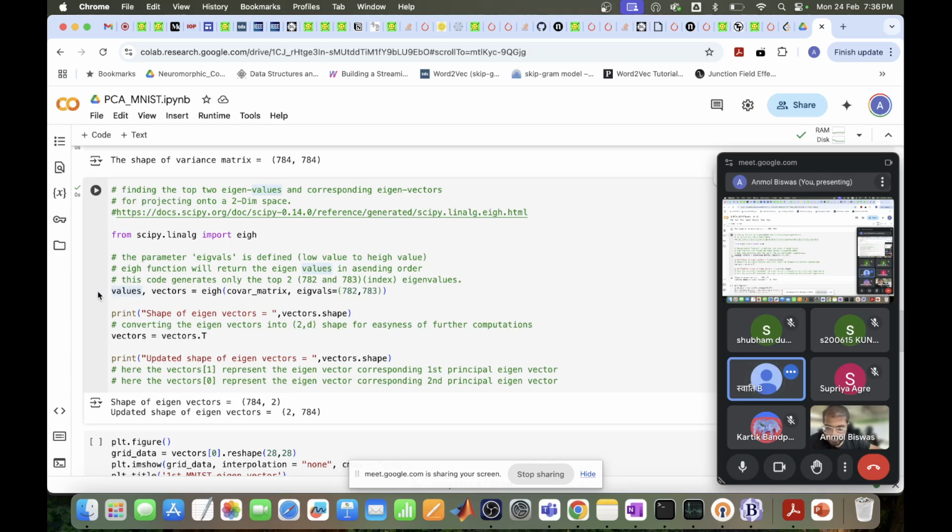So this here, values and vectors. This returns everything if you don't specify which ones you want to pick. But here, what we are picking is the two highest values.